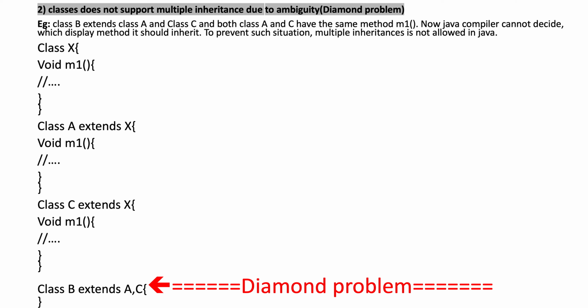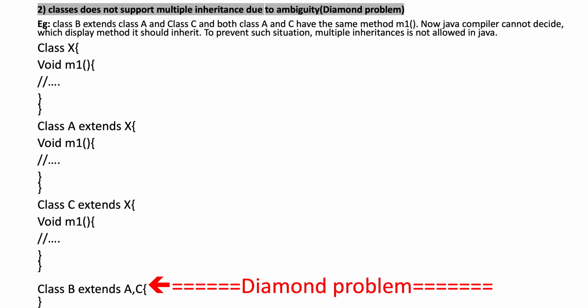Actually multiple inheritance is not possible for classes, but just assume that in case it is applied, what will happen. If class B extends the two classes A and C, from the child class B there is an ambiguity about which one it should take from the parent: the method M1 defined in class A or class C. That's the ambiguity, and this is called the diamond problem.